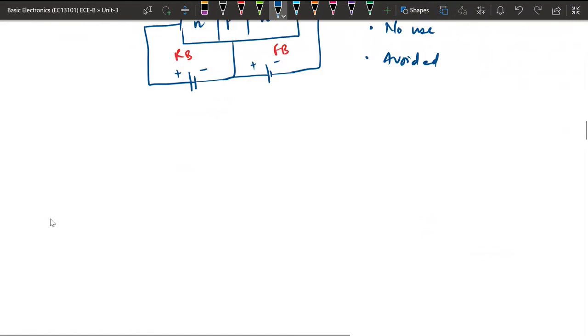The basic mode of operation that we will most frequently use is the transistor working as an amplifier. In that case, the transistor operates in active mode. We will see how the active mode operation of the transistor takes place.